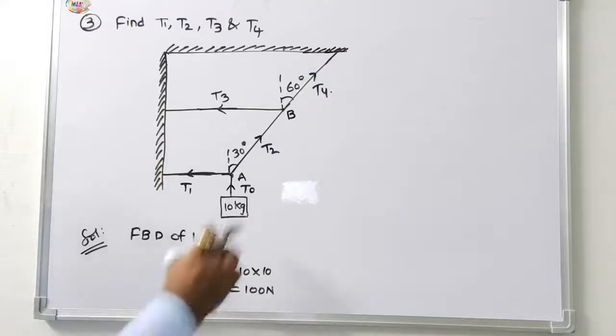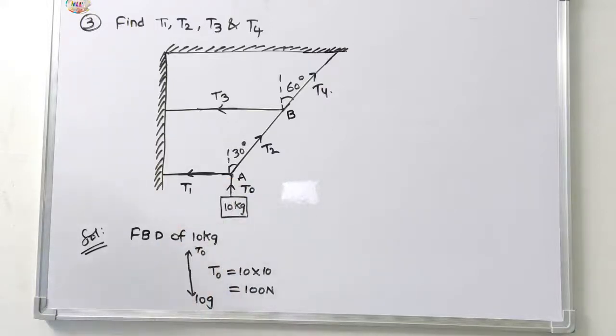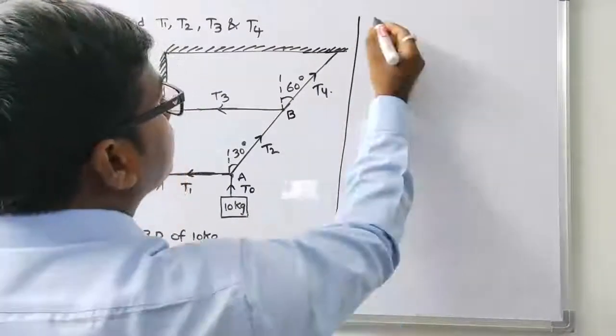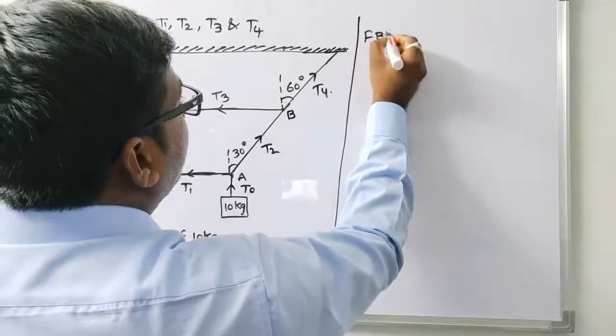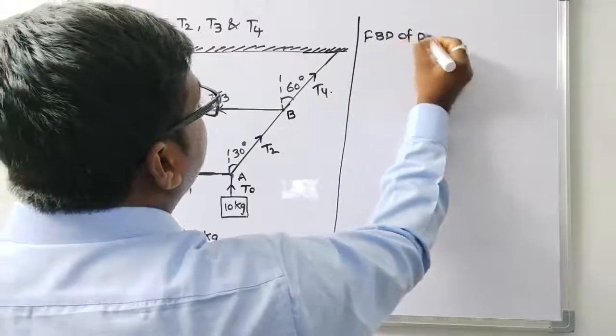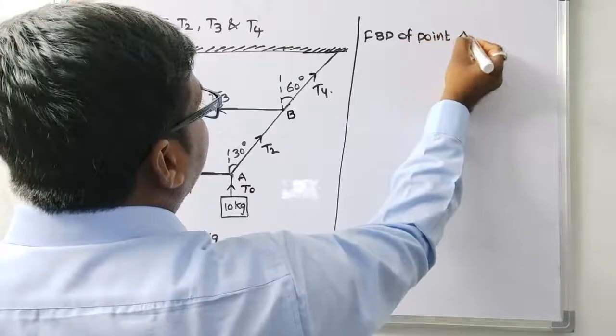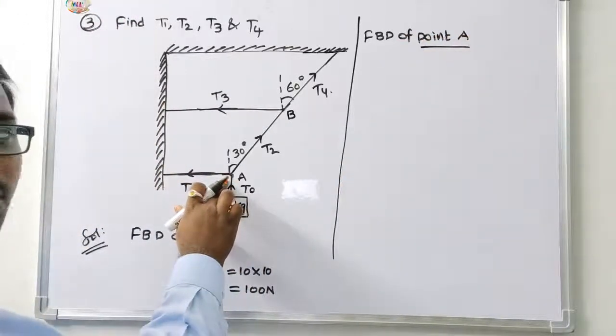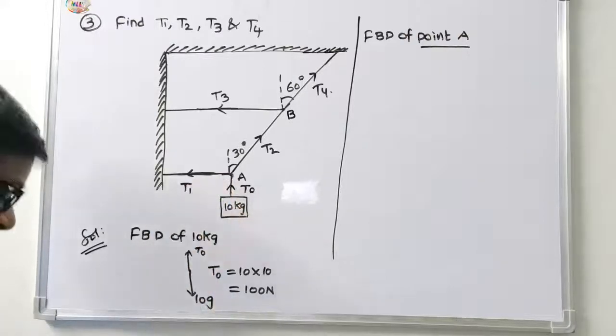Next, the FBD of point A. First draw the free body diagram in this way.